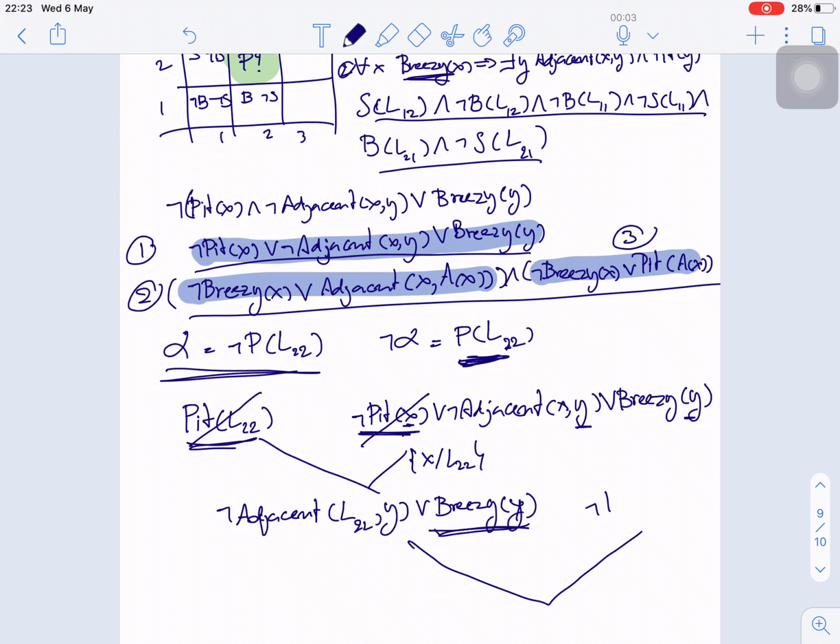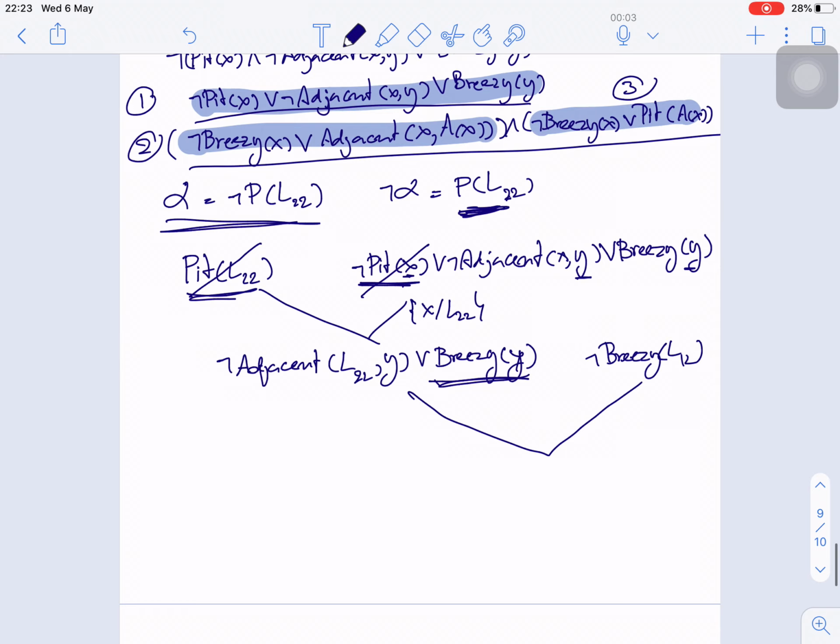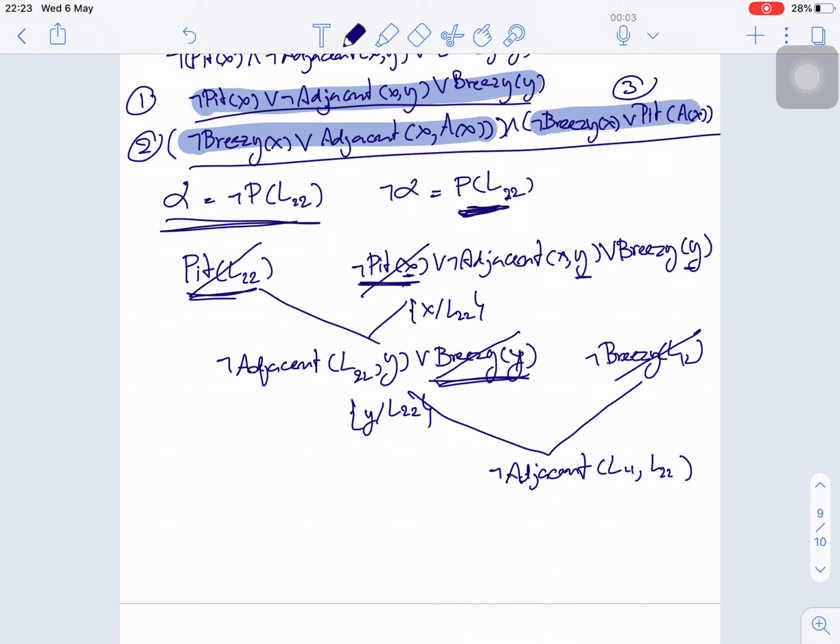How can we use the substitution set to unify these predicates together? You replace y by L12, so it can be eliminated.